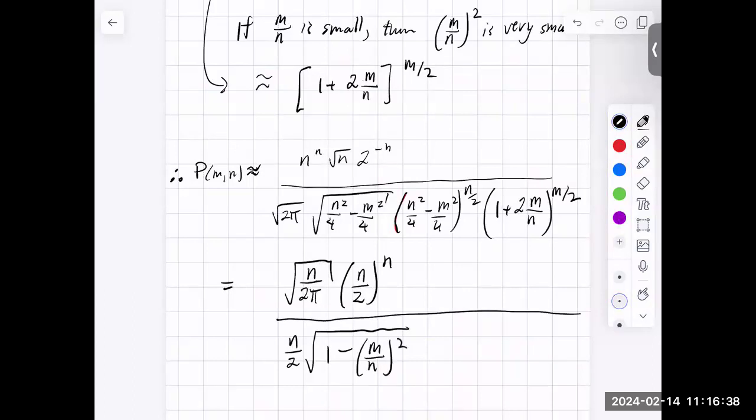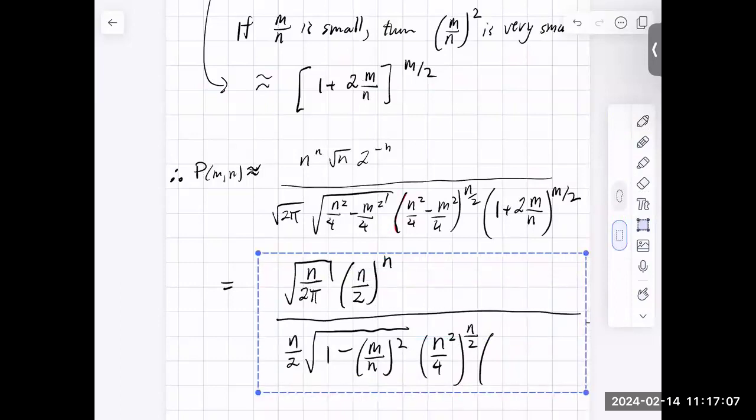Then from here, I'm going to do the same thing. I'm going to factor out the n squared over 4. That's going to be to the power n over 2. And then what's left? I'm going to run out of space, aren't I?